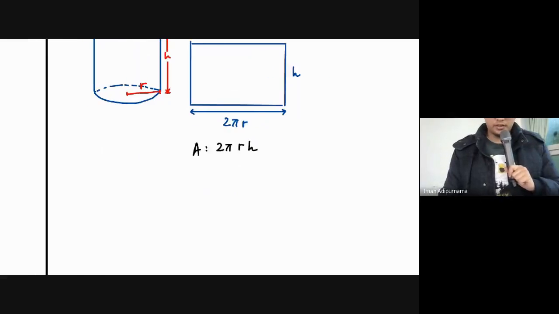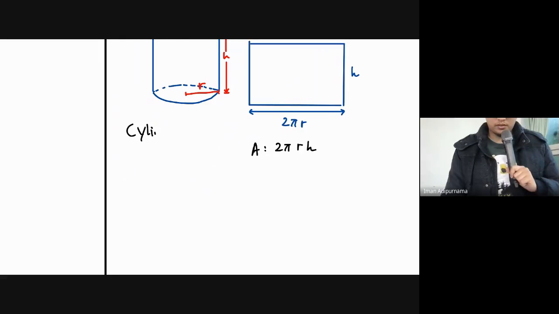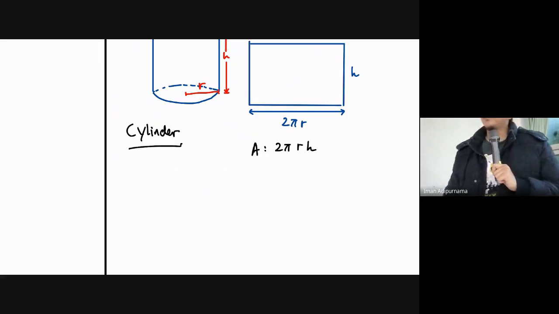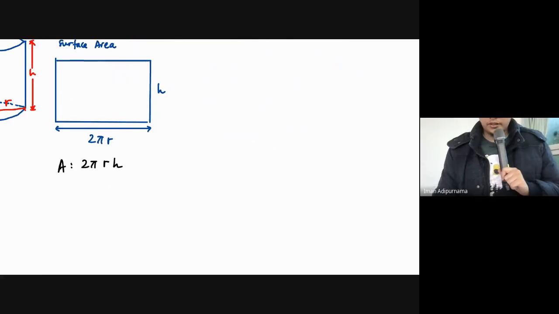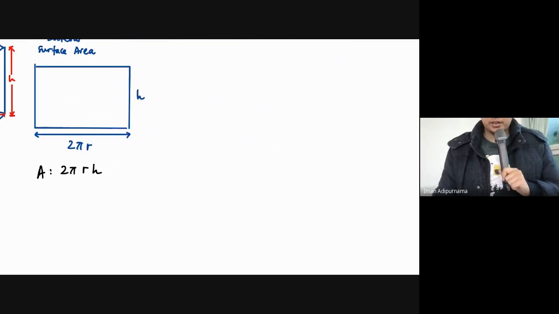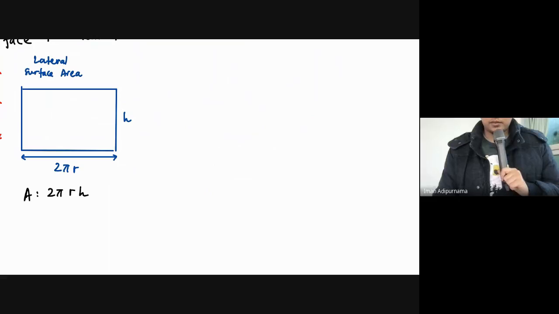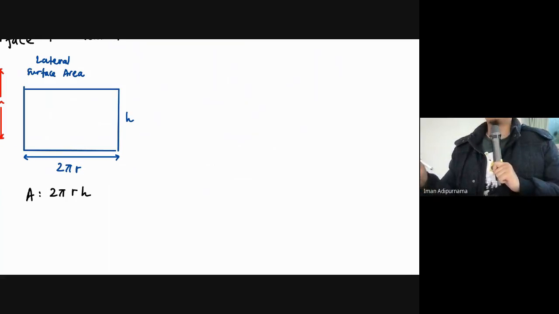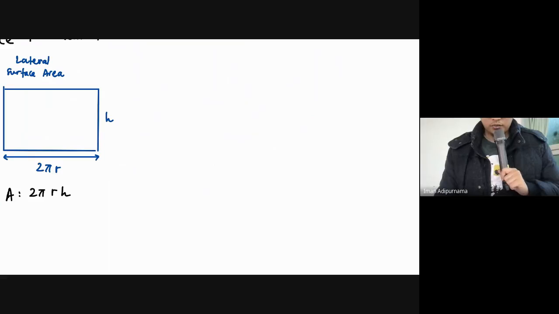That's for the cylinder. This is just to remind you how to find the surface area, and also to set up our approach for when we have a curve that we later rotate.